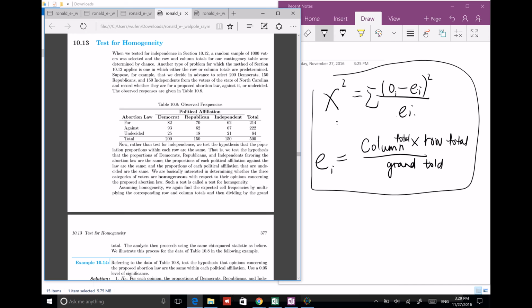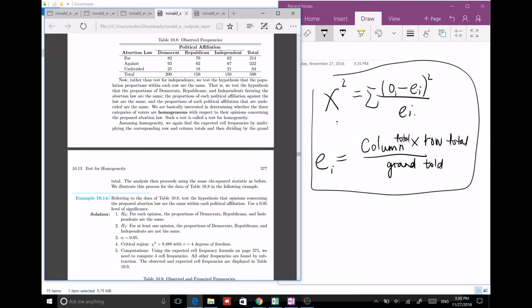Another type of problem for which the methods of section 10.12 apply is one in which either the row or column totals are predetermined. Suppose, for example, that we decide in advance to select 200 Democrats, 100 Republicans, and 150 Independents from the voters of the state of North Carolina, and record whether they are for a proposed abortion law, against it, or undecided. These are the data we have.